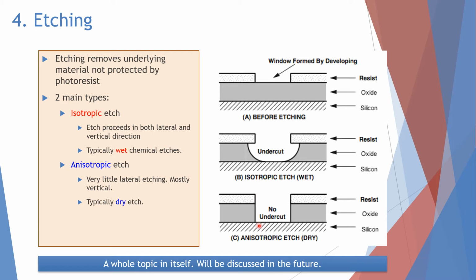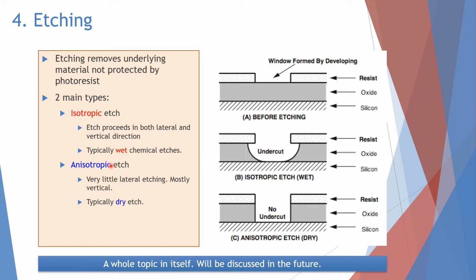Isotropic etch proceeds in both lateral and vertical directions, meaning it goes in this direction and also to the left and right.